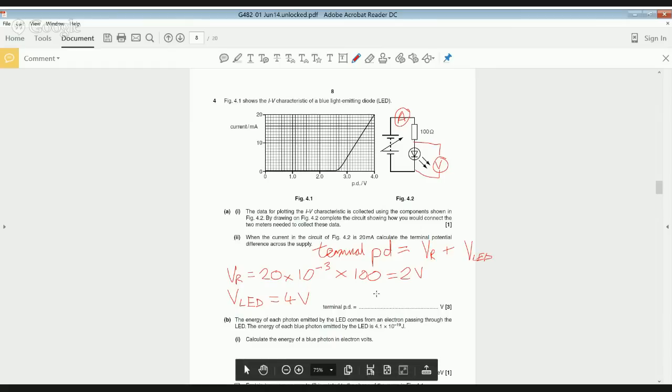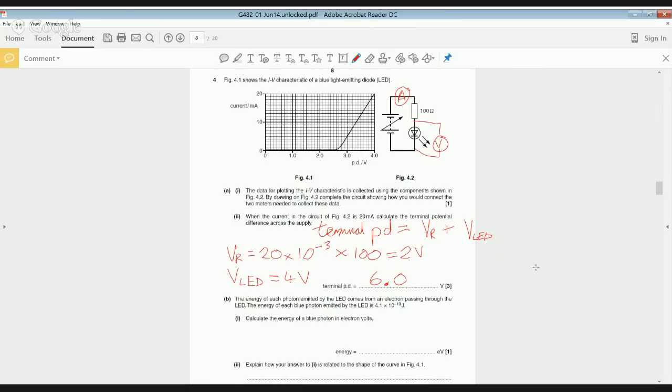Combine those two together and we get 6.0 volts. Remember, OCR insist on answers being put to 2 or 3 significant figures. The mark scheme generally refers to 2 significant figures. In a question like this, you wouldn't lose a mark if you just wrote down 6, but it's good practice to write down 6.0.